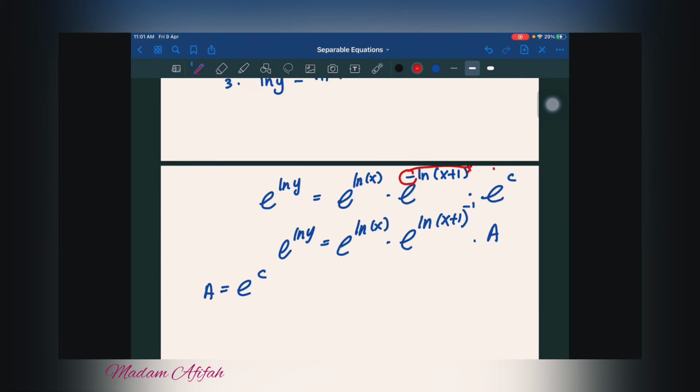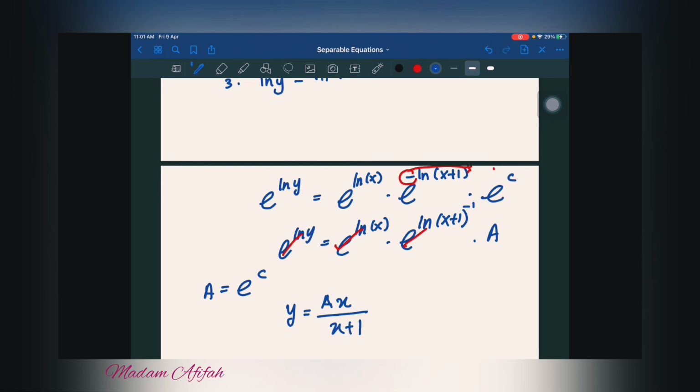Simplifying this will give you y equals ax over x plus 1.